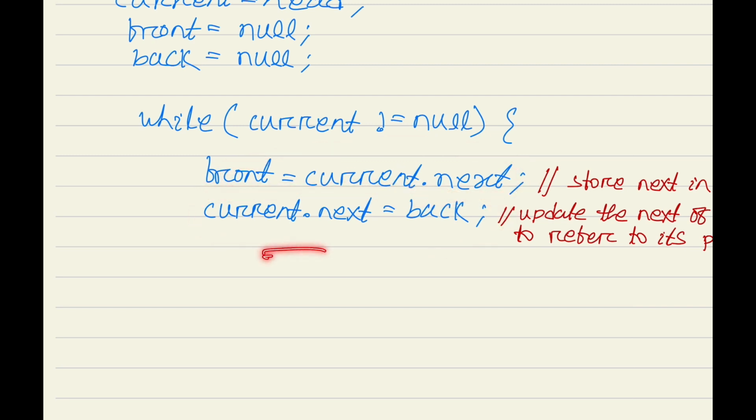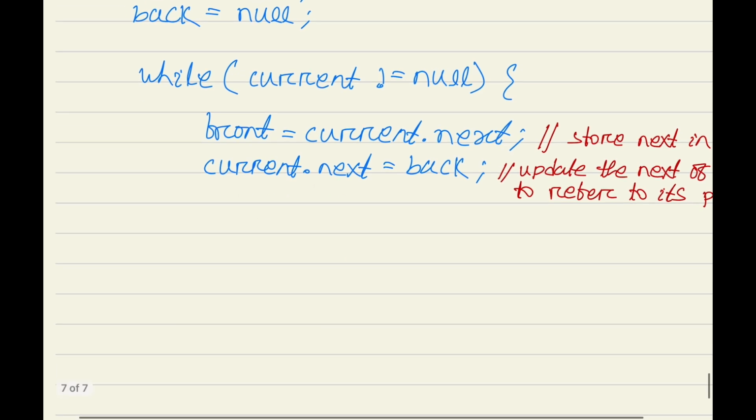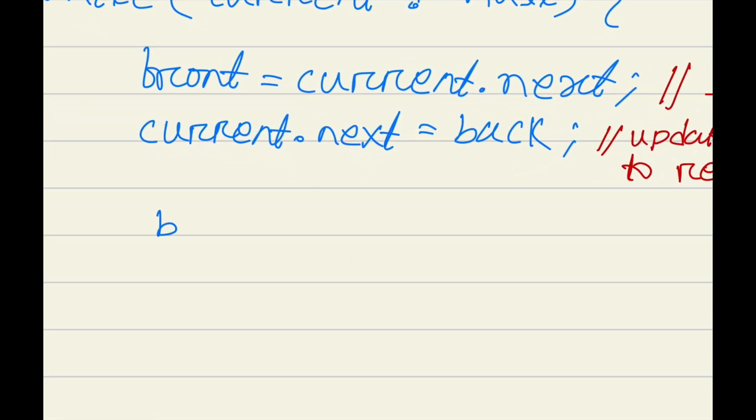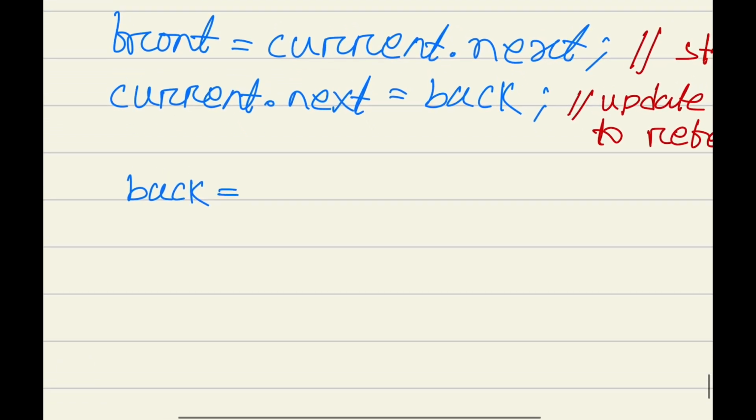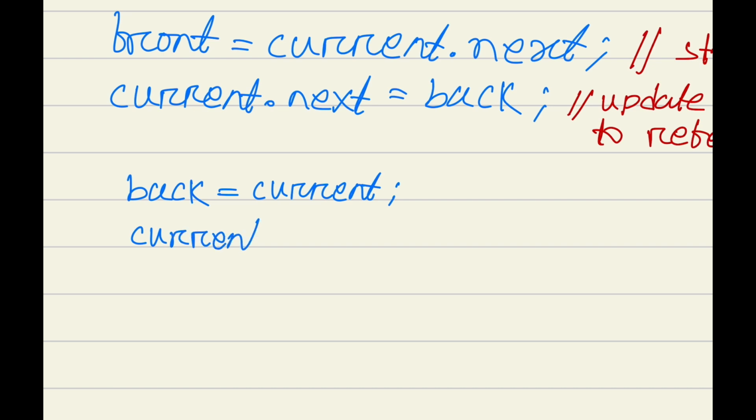Now we will move further, that means update the value of current and update the value of previous. For this we will write back = current. That means the new value of back will be current, or we can say the current becomes back and the front becomes the new current.